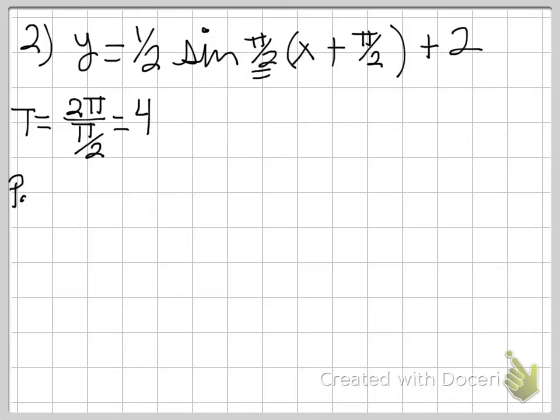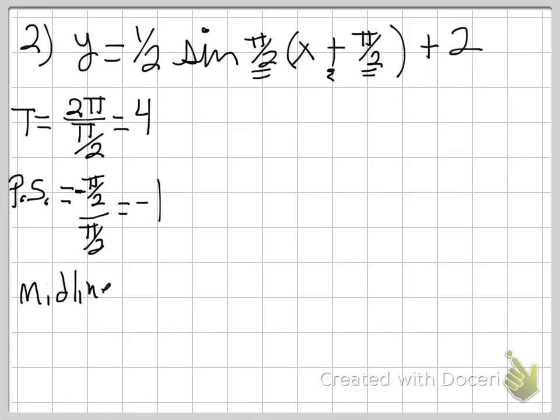Now the phase shift is the constant inside the parentheses, pi over 2, over pi over 2, but this time it's actually a negative pi over 2 because our sign in here is a plus. This becomes negative 1. The midline is 2, right?